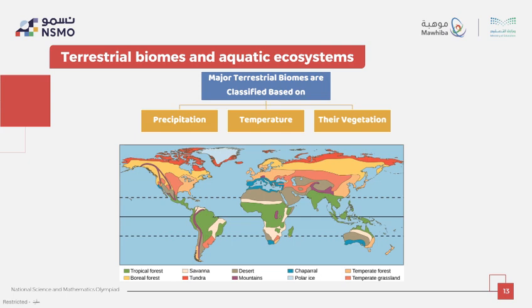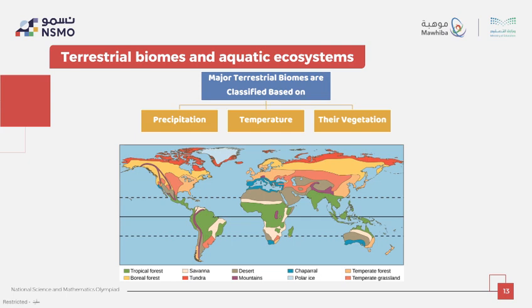Very low rainfall creates desert. Temperature: cold regions like tundra have limited life, while warm tropical areas have rich biodiversity. Vegetation: plants reflect the conditions. Grasslands, forests, deserts, each indicate a unique biome.